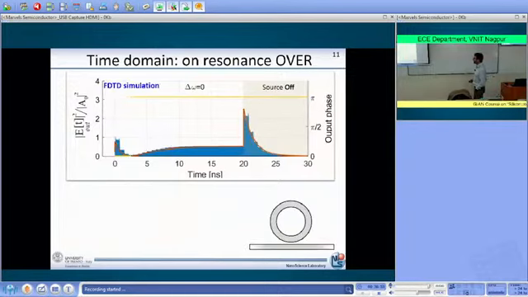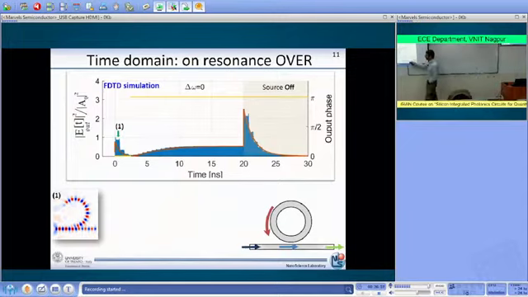So at time t equals 0, you switch on the input field, and some light is entering, going through the bus waveguide. Then a fraction of this light is coupled to the microring resonator and starts to travel inside the microring resonator.